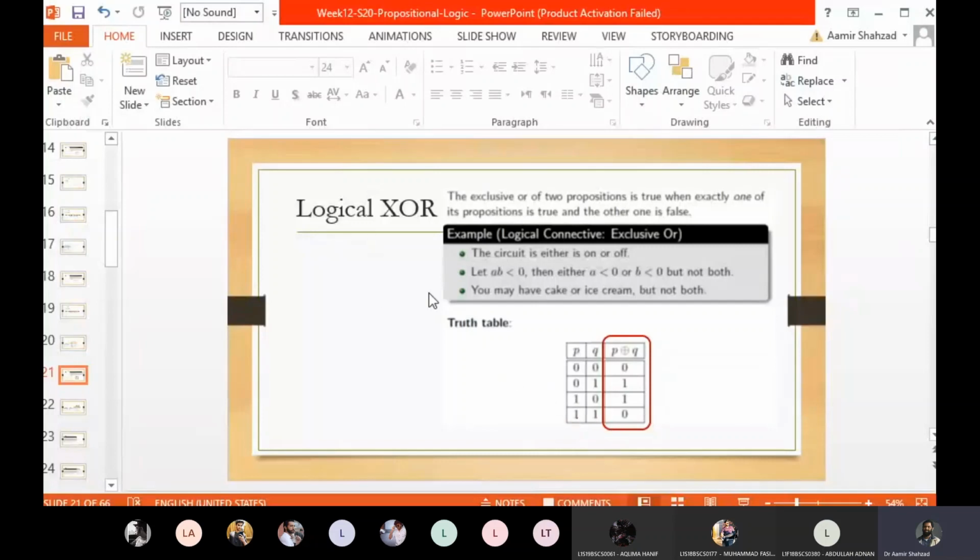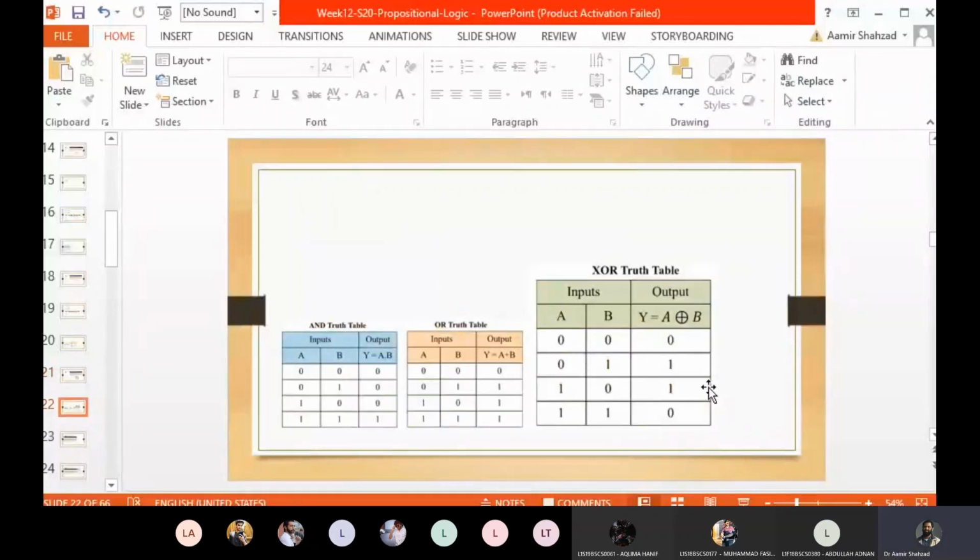So in exclusive OR, when all values are 0, the output is 0. When all values are 1, the output is still 0. When one value is 0 and the other is 1, then the output is 1. Exclusive OR. And I'm sure you know binary addition.